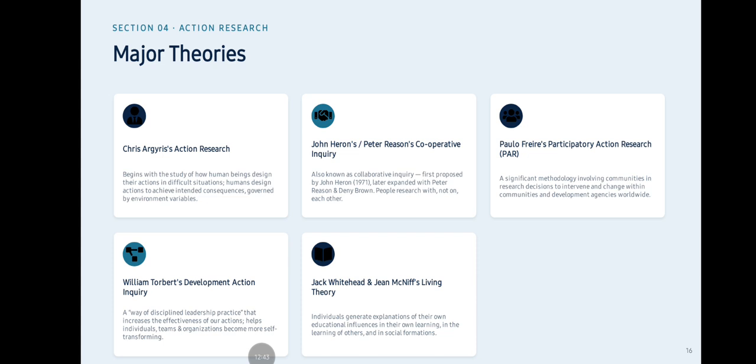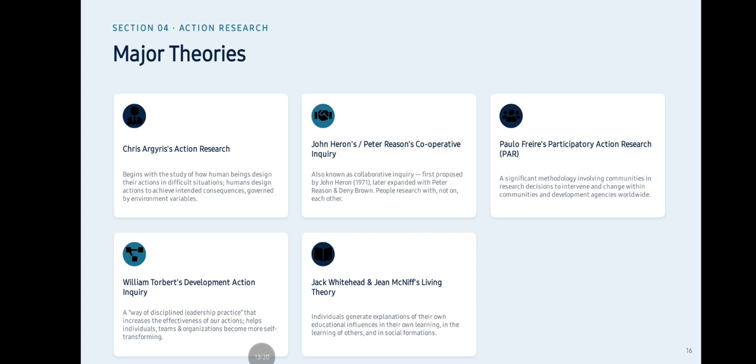John Heron's and Peter Reason's cooperative inquiry, also known as collaborative inquiry, was first proposed by John Heron, later expanded with Peter Reason and Denny Brown. People research with, not on, each other. Paul Freire: participatory action research, a significant methodology involving communities in research decisions to intervene and change within communities and development agencies worldwide.